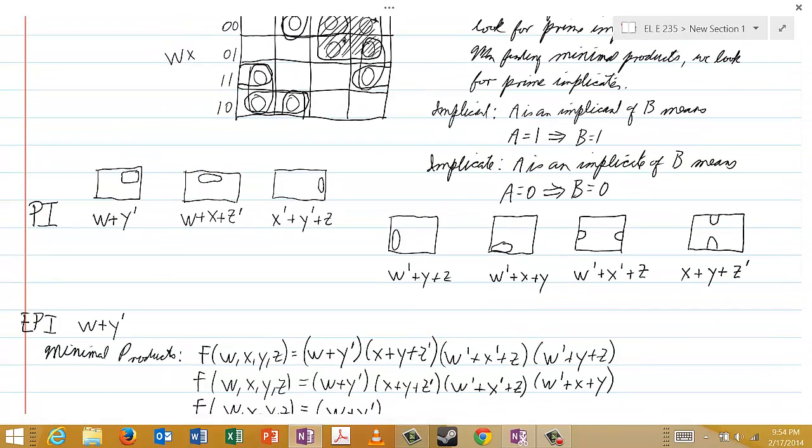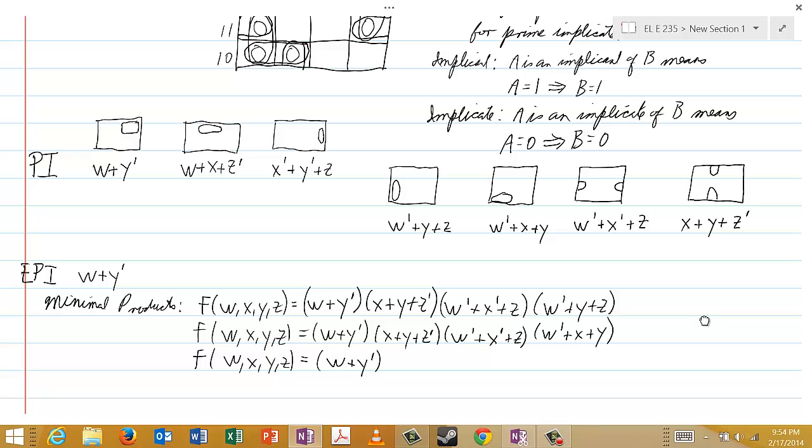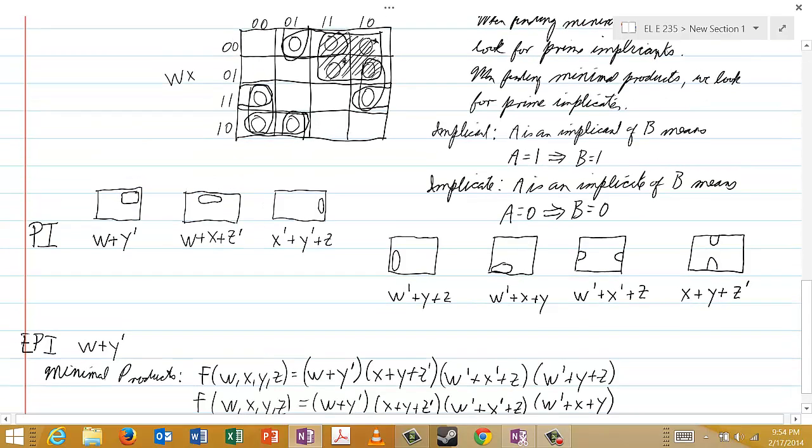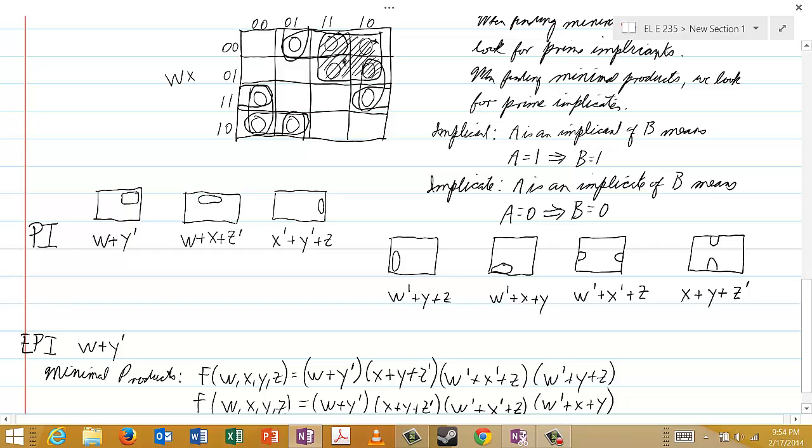So again, remember, every single minimal product we include must have what's essential. So we'll always start off with w or y prime, which will take care of these zeros in the upper right hand corner. And now let's try to think of some alternatives to what we've done already.